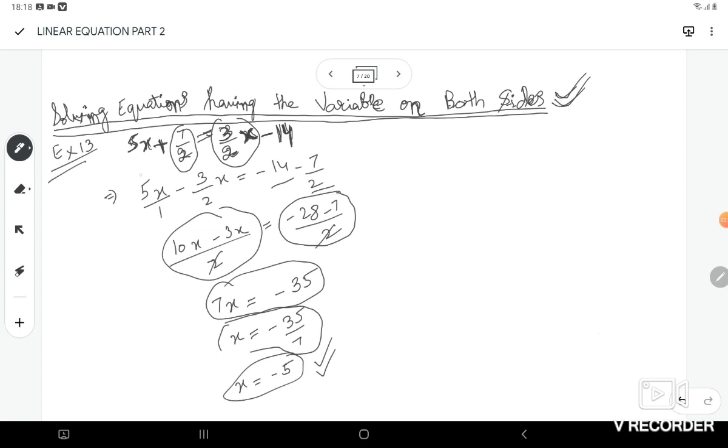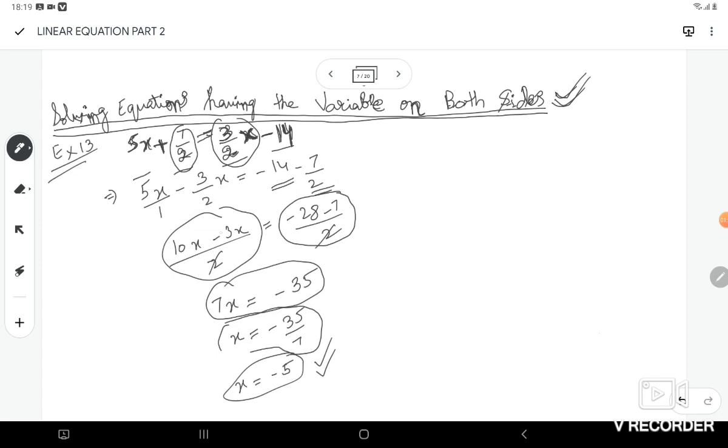So the question says 5x plus 7/2 equal to 3/2 x minus 14. So here we are going to use the technique of transpositioning. By transpositioning 3/2 of x on the left hand side and 7/2 on the right hand side, we get 5x minus 3/2 x equal to minus 14 minus 7/2.